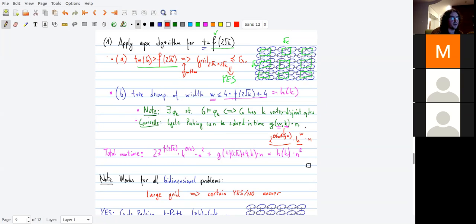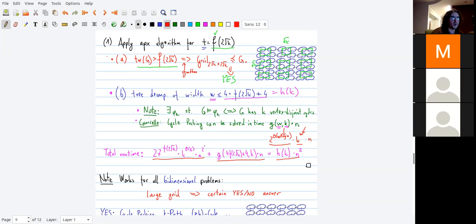But because w is a function of k, all in all, I've got this running time for approximation of Treewidth, and then this running time for running the dynamic programming, which gives me some function of k times n square running time.